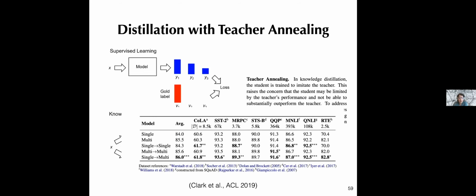And they've shown it again on the GLUE tasks and seen big performance improvements when doing this. Essentially, you're creating single models for each of the tasks, but use them as teachers in order to build your multitask learning model. So you have the overhead of having these single models during training time, but in the end, you're ending up with a model which is much better over all of the tasks together.